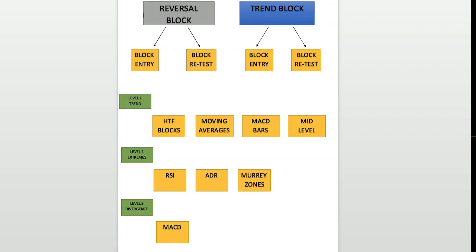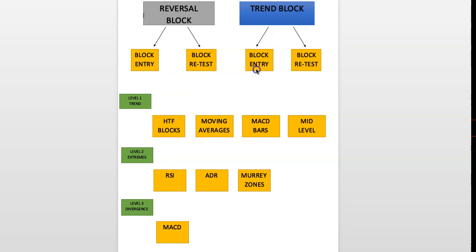So as a summary, we can use block entry using higher time frame blocks and moving averages. Moving averages is where you get creative, using higher time frame or same time frame, 2 moving averages or only 1 moving average, and that's it, right?